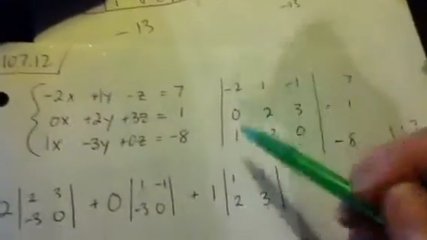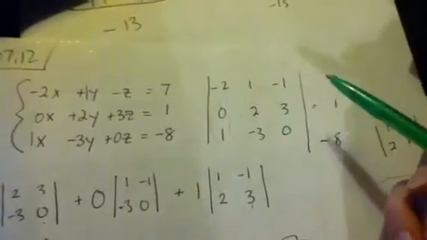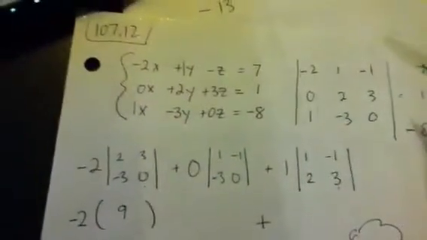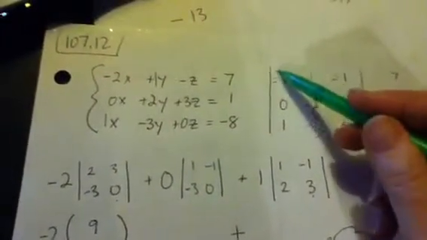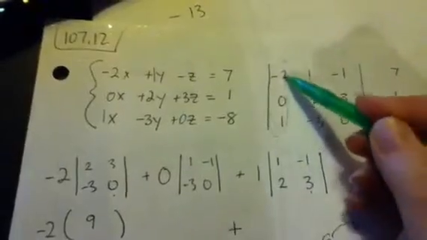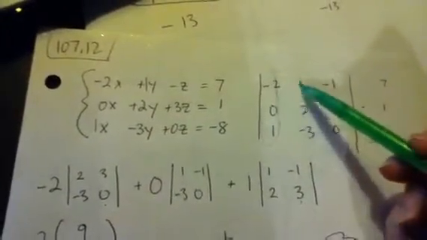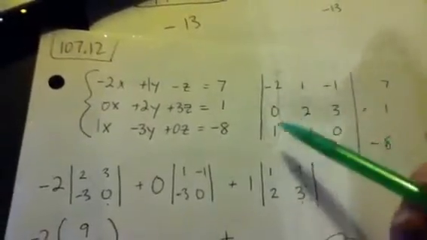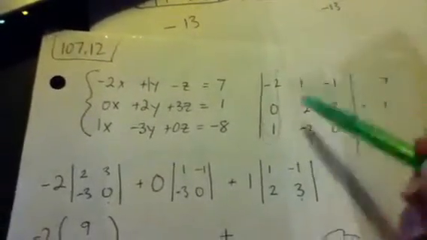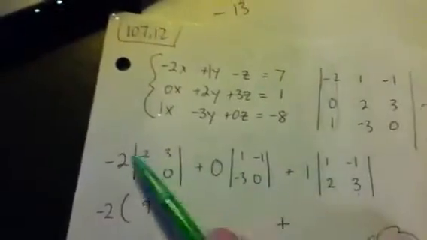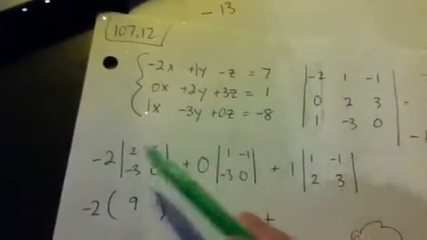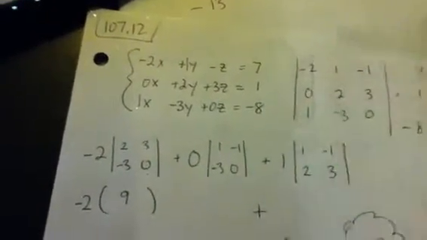So you can pick any row or any column to expand by. I like to pick ones that have zeros or ones in them, so I'm expanding by this column. There's a checkerboard that goes plus, minus, plus, minus, plus, minus, plus, minus, plus. So these are coefficients. See how I got -2 as a coefficient and a 0 and a 1.